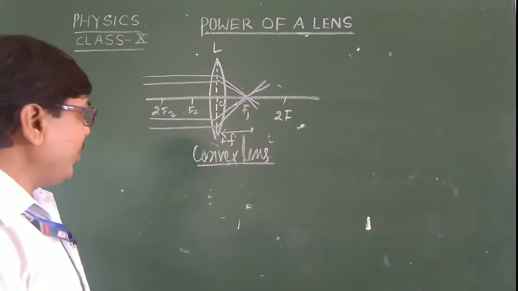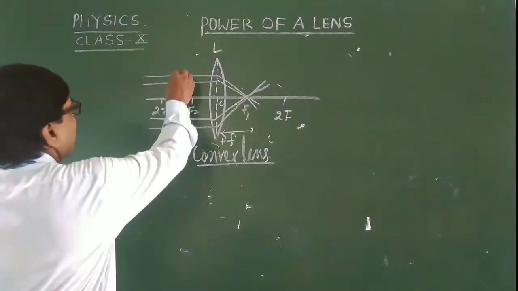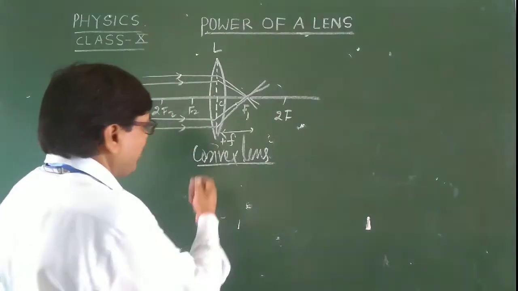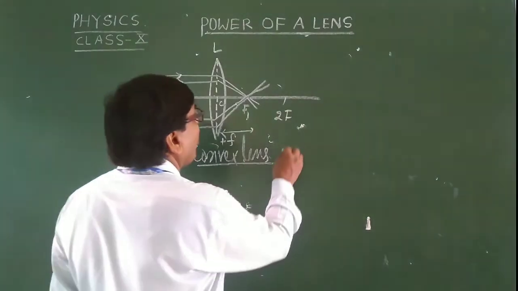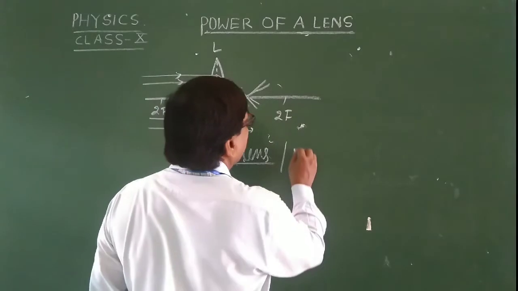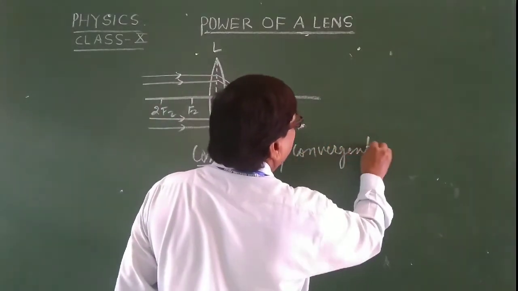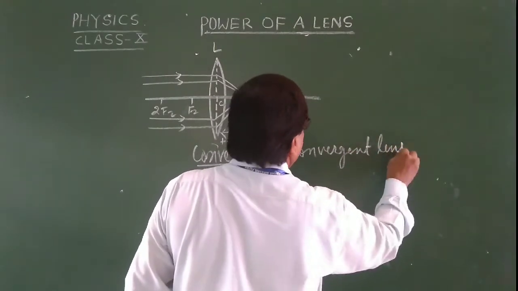So power of convex lens is positive because it is also called a converging lens, or convergent lens.